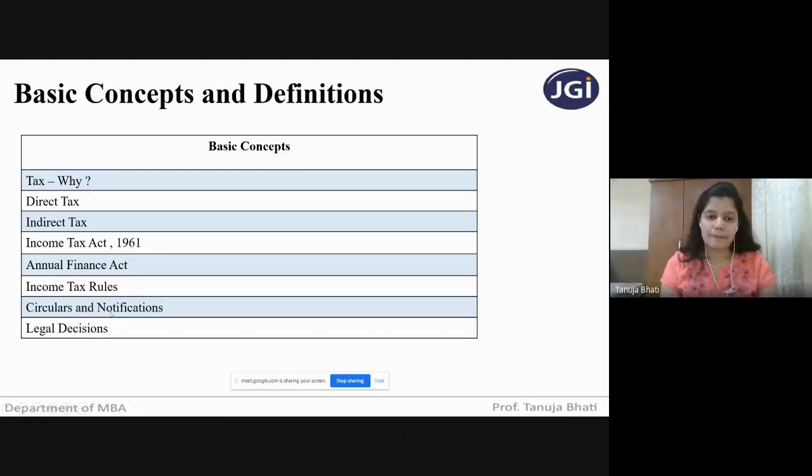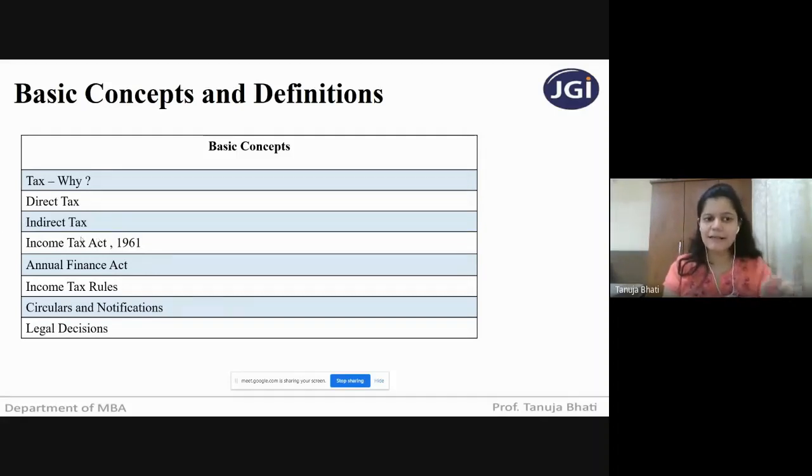Next is notification. What do you mean by notification, and who has the right to issue notification? Remember, students, notifications are issued by the central government, okay? And they are issued in order to give effect to a provision of an act. Like in the Income Tax Act, suppose it is written that minors are not liable to pay income tax. This is just an example.